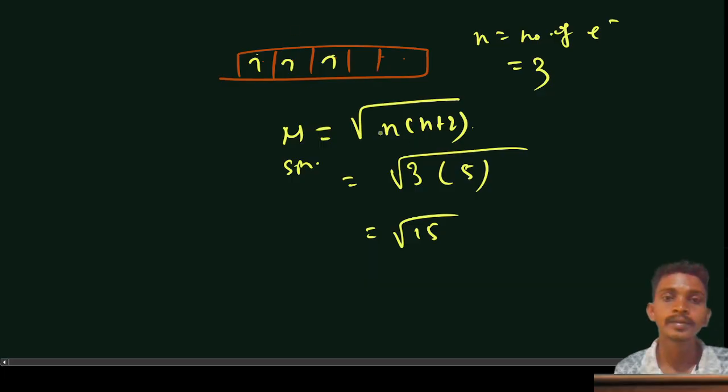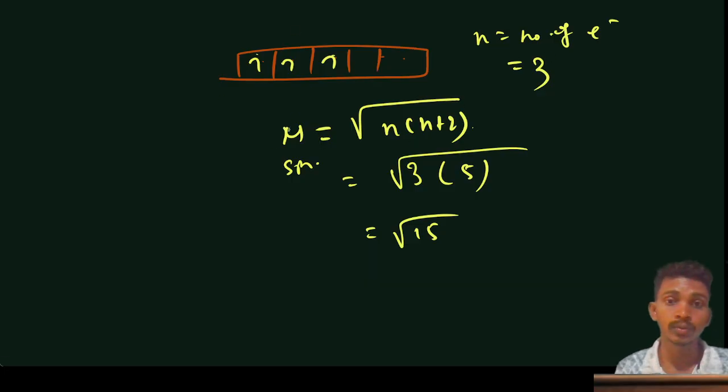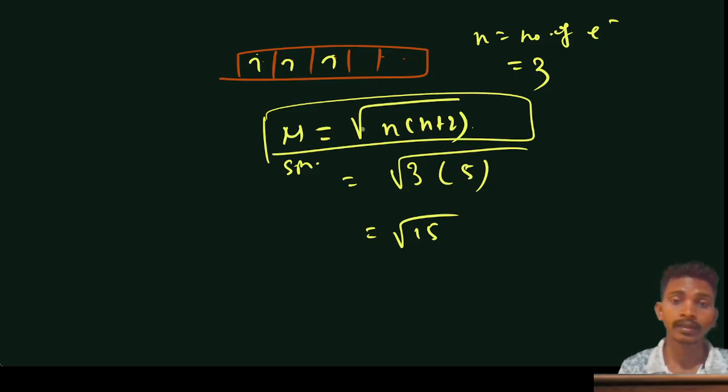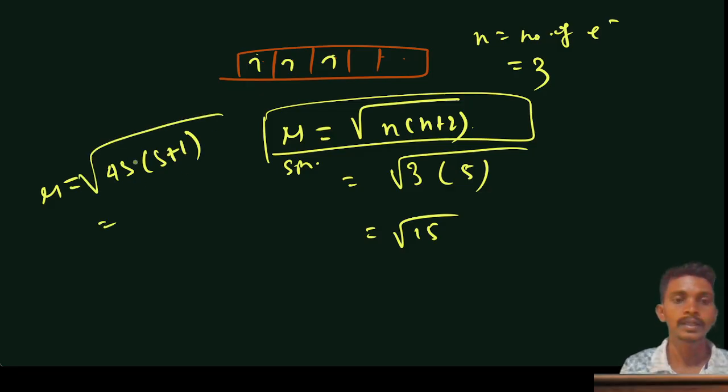If you are using this formula, or if you are using the other one, then we have to take the s value as half. So in this case we take 4 into half, then half plus 1.